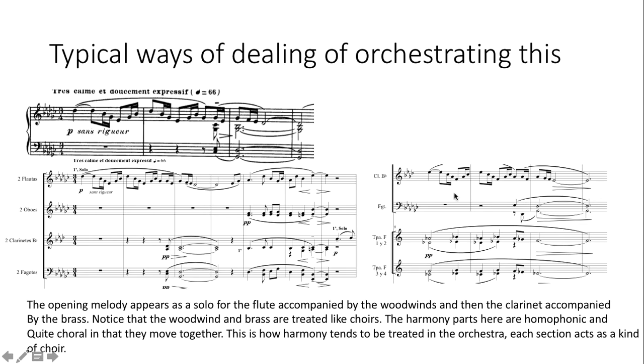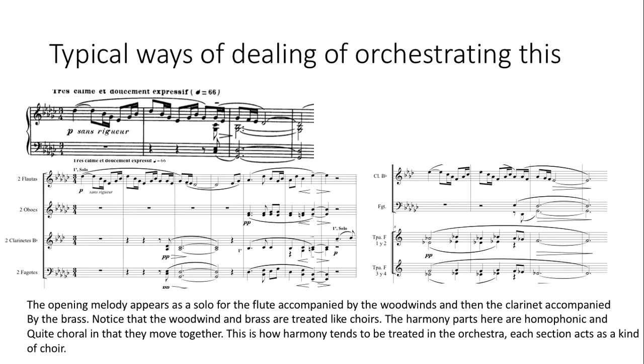Also notice that in the brass, we've got a similar thing. In the horns, I should say, because it is just horns here. We've got the whole chord just in the horns, and that feels very much like a choral texture as well, because it's homophonic, the chords are all moving together.